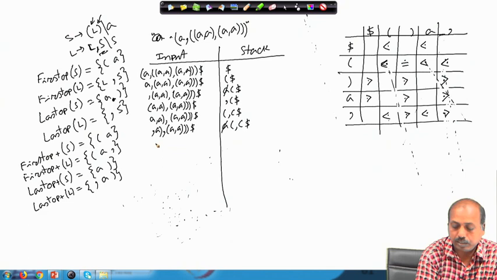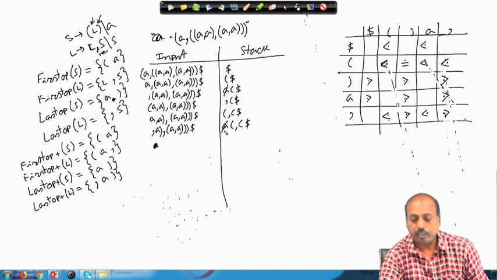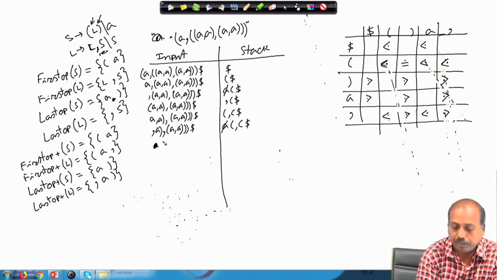Now, we have the situation where comma is the next input symbol and open parenthesis is the top of the stack, and this open parenthesis is of lower precedence than comma. So, comma will be shifted.